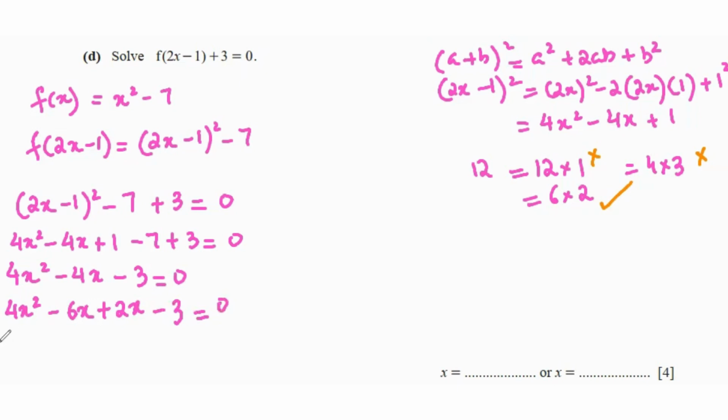So that's going to be 4x squared minus 6x plus 2x minus 3. Now we factor by grouping. So we're going to divide the equation into two groups, and then we're going to factor them accordingly. So between 4x squared and 6x, we have 2x common.